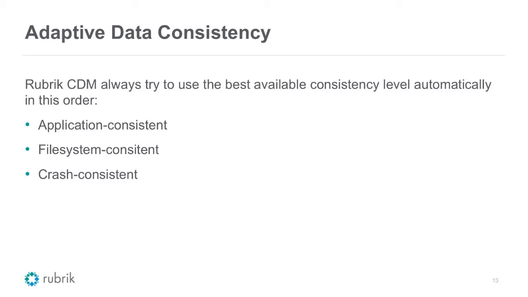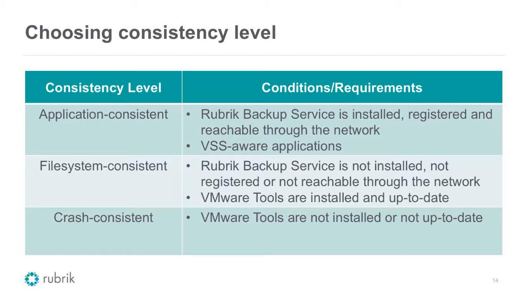Which means that if we can capture an application consistent snapshot, this is what we will do. If we cannot, we will fall back to a file system consistent snapshot. And if we cannot, we'll do a crash consistent snapshot. So there are some conditions or requirements in order to achieve one or the other.